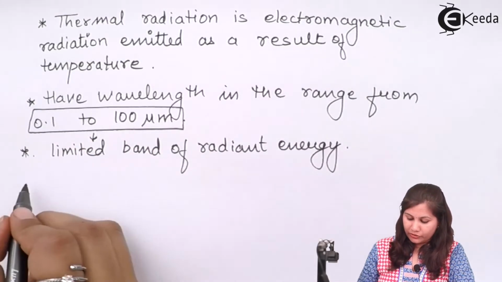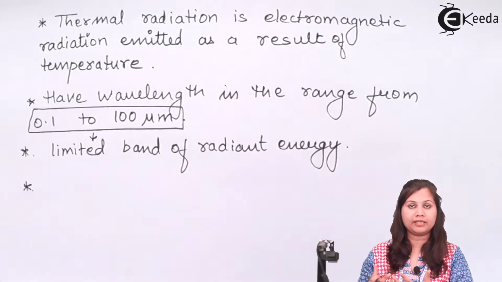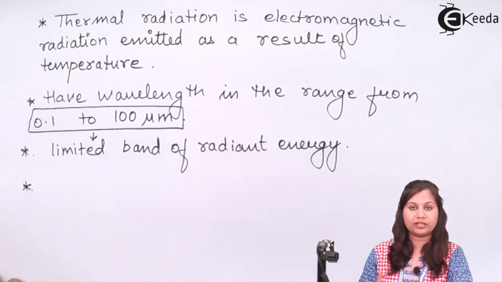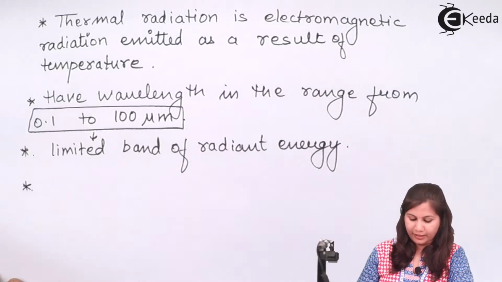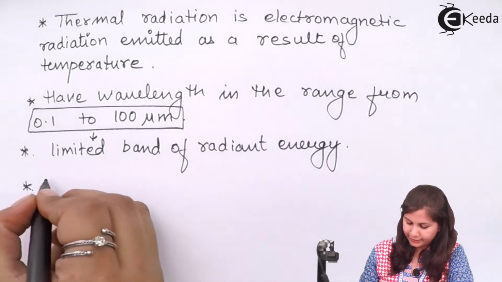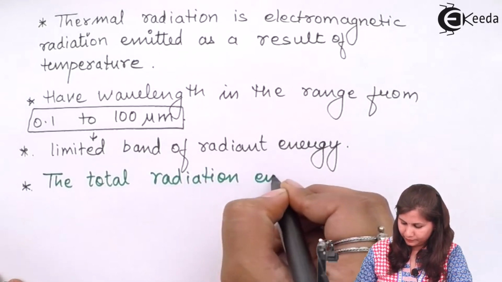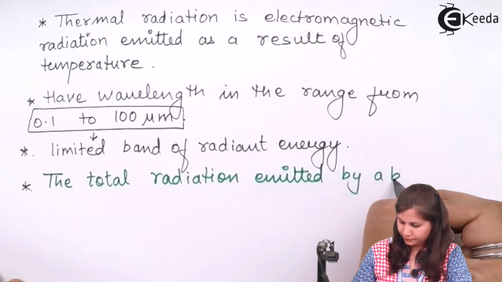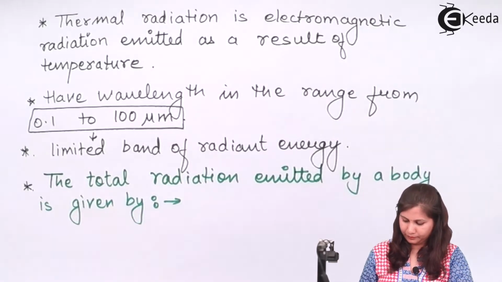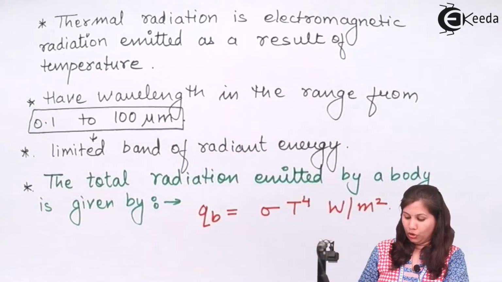Now, the total thermal radiation emitted by a hot body is defined by the Stefan-Boltzmann law.